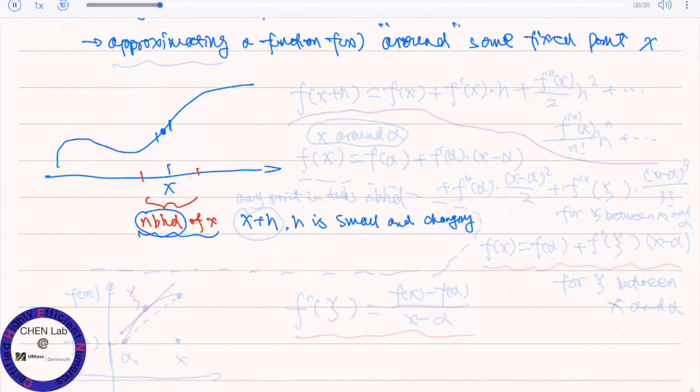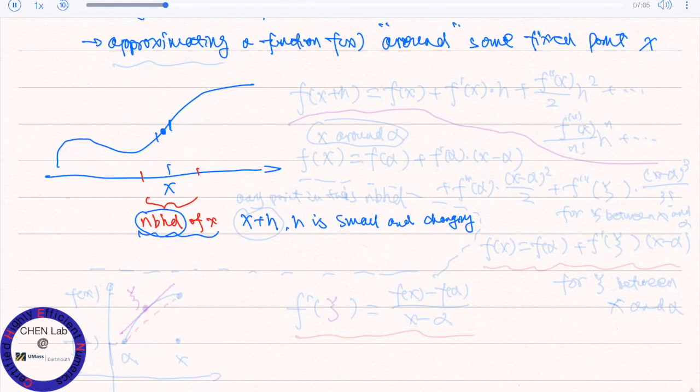So h can go from anywhere between negative 0.01 to positive 0.01. By varying h, you are going to cover this little neighborhood. Is that concept clear? It's very important. We write two letters, x and h, but x is fixed, h is changing. Consider h as a variable, something that varies.